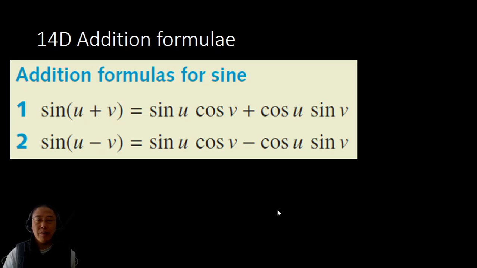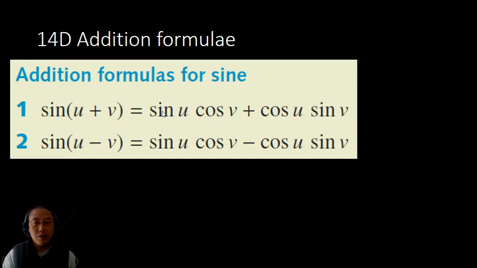You will also have an addition formula for sine. Here for sine, when you do the sum, it's sine cos, cos sine. Okay, so u and v are in the same order, so it's u v, u v, and you start with sine cos, and the next one is cos sine. You swap it around.